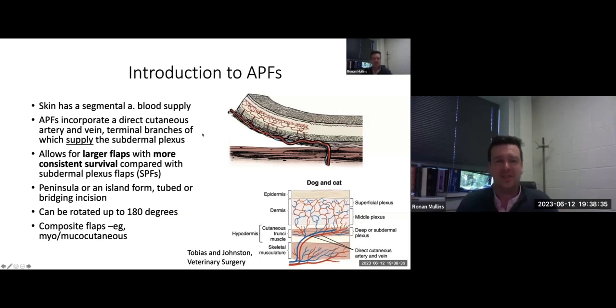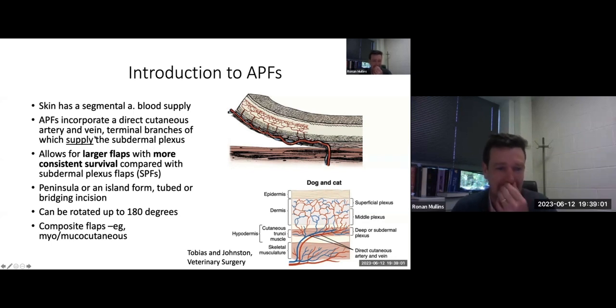Okay, so if we take a look at what axial pattern flaps are, first of all, we need to talk a little bit about the anatomy of the skin. And as you know, the skin has a segmental arterial blood supply. So it has a number of these simple and mixed cutaneous arteries that go between muscles and through muscles respectively. And axial pattern flaps include a direct cutaneous artery and vein.